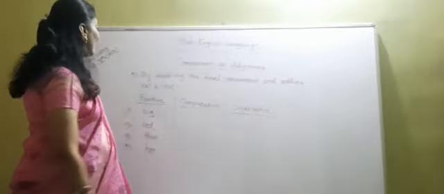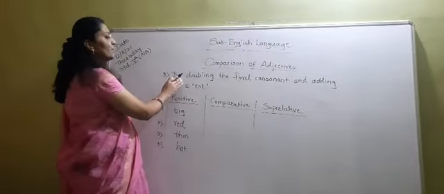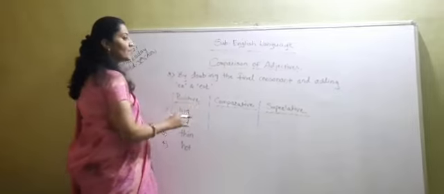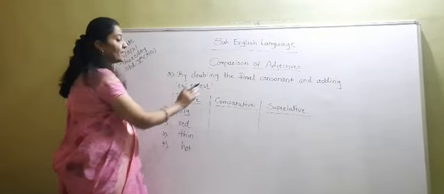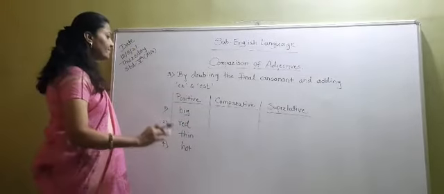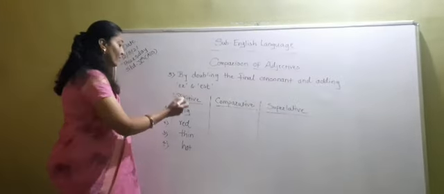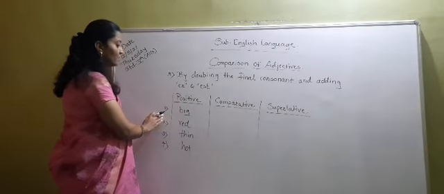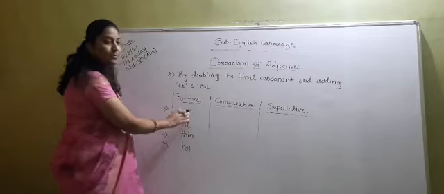Now students, what is our third rule? By doubling the final consonant and adding ER and EST. First we have to see which is the consonant. See the first word, B-I-G, big.